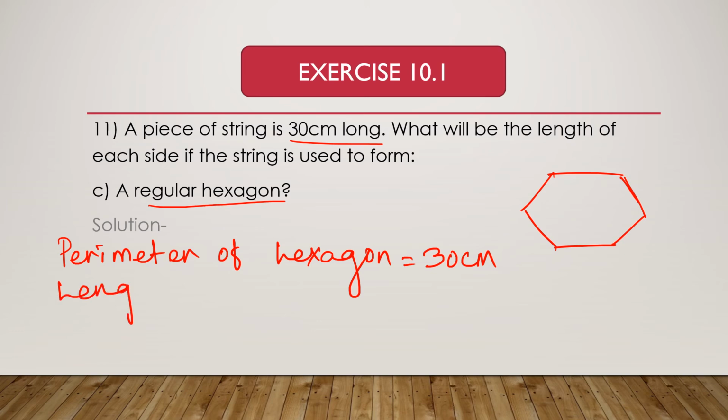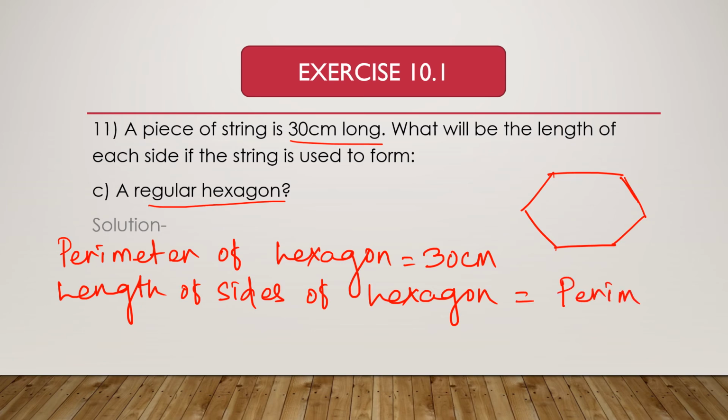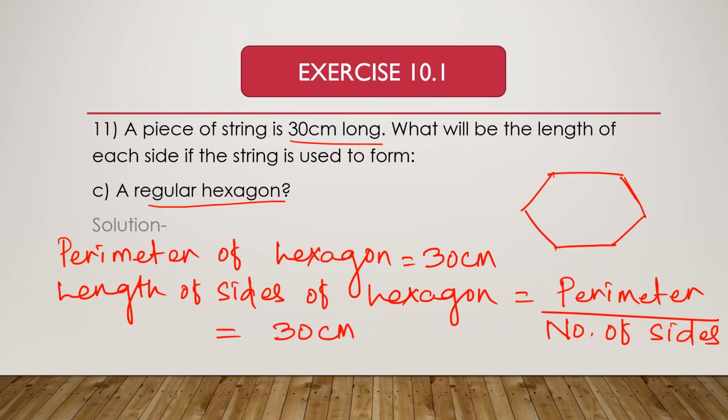The length of the sides of the hexagon will be perimeter divided by number of sides. Perimeter is 30 centimeter divided by 6.